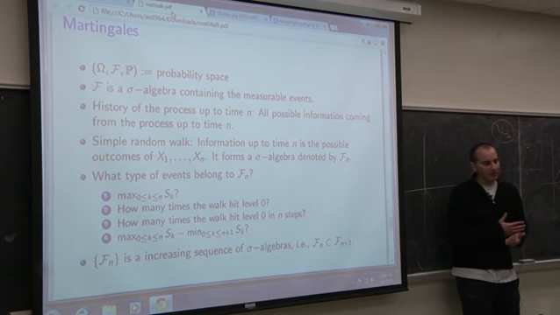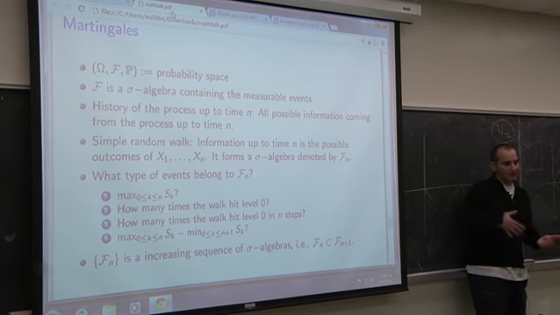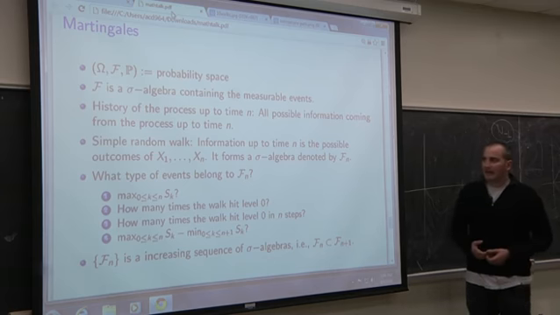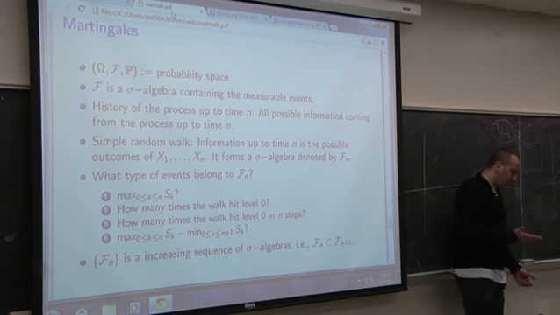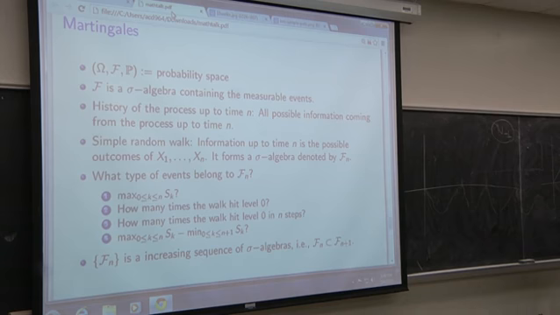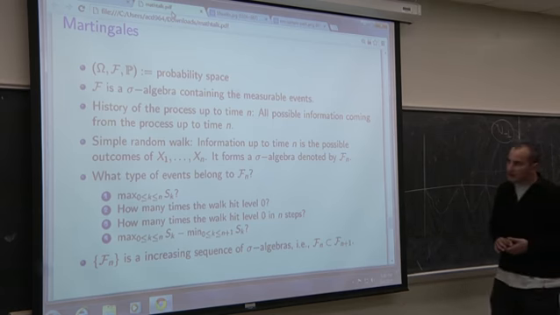In the case of the simple random walk, it is all possible outcomes, all possible trajectories that I can see up to time n. And that can be translated into a sigma algebra that is contained in the bigger sigma algebra that has all the events that are measurable with respect to this stochastic process.